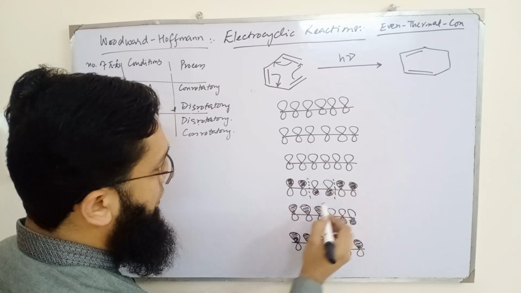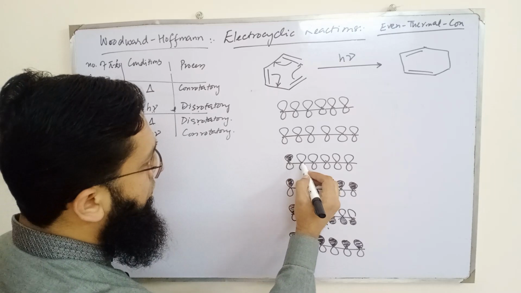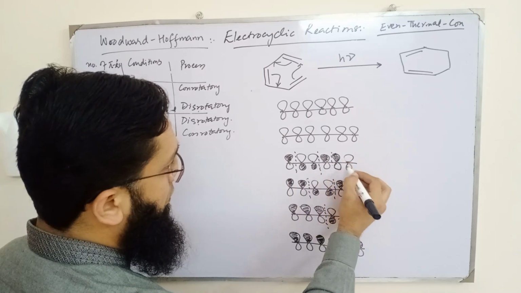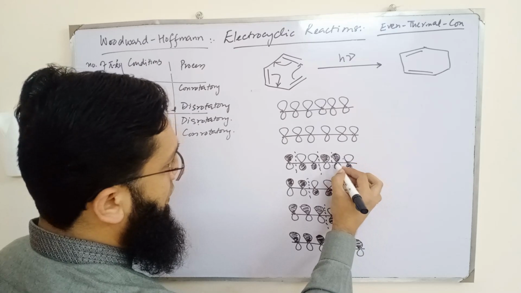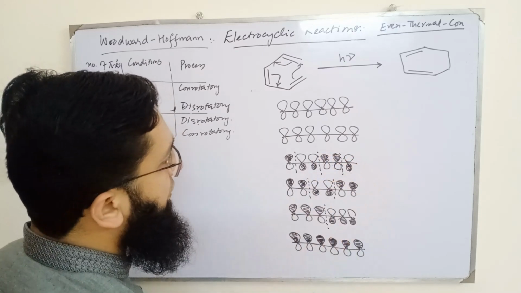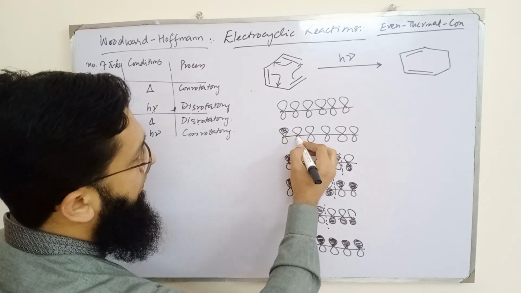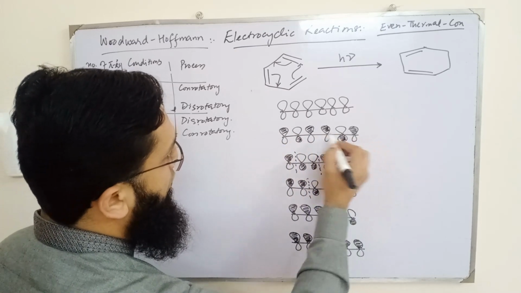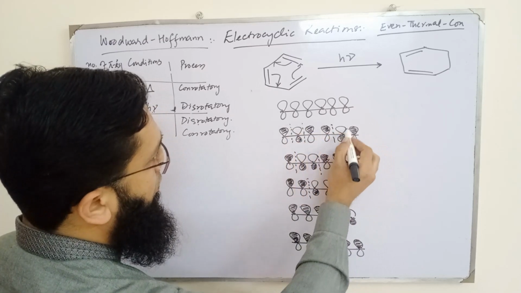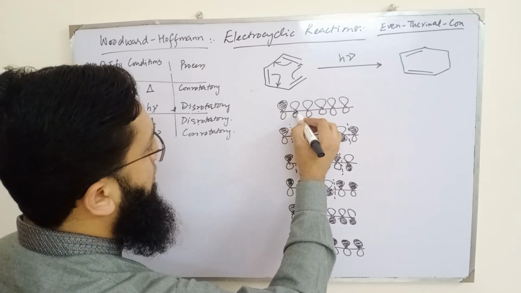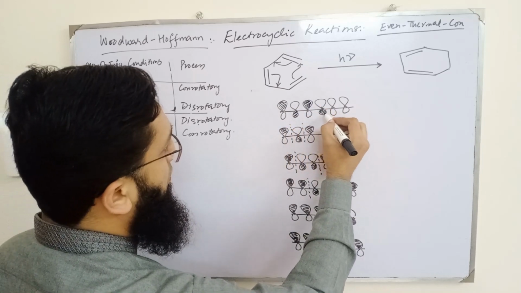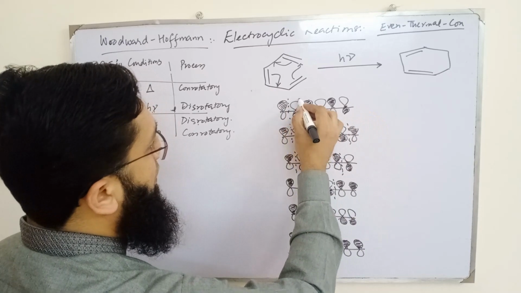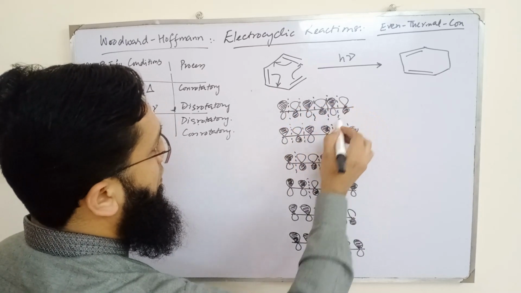Again 2 nodes, so 3 nodes, and then 4 nodes, five nodes.